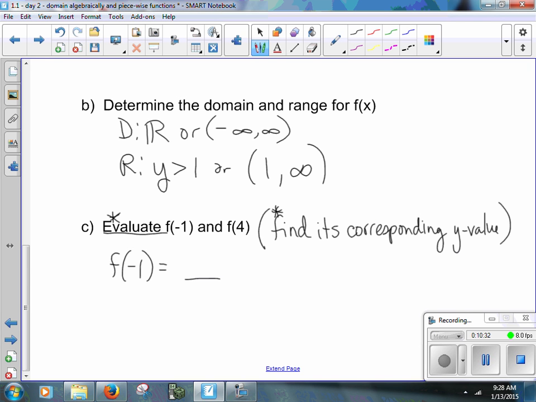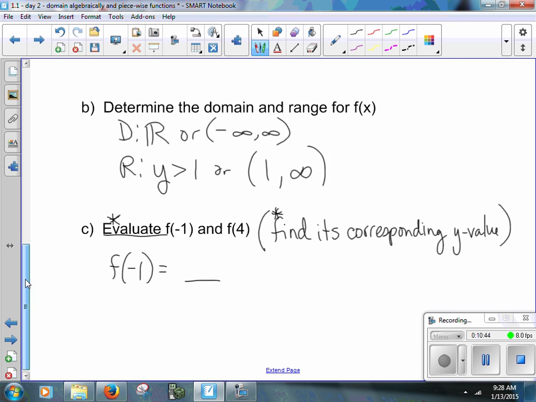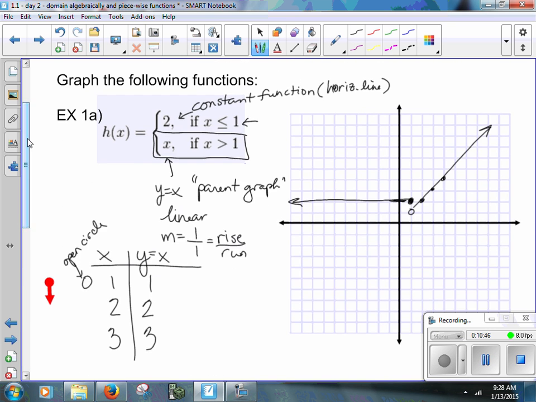So what's the first x value that I'm concentrating on? Let me ask it again. What is the x value that I'm concentrating on first? It's f of what? So what x value am I concentrating on first? -1. Okay?